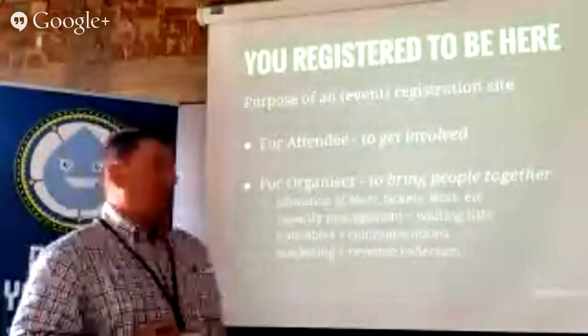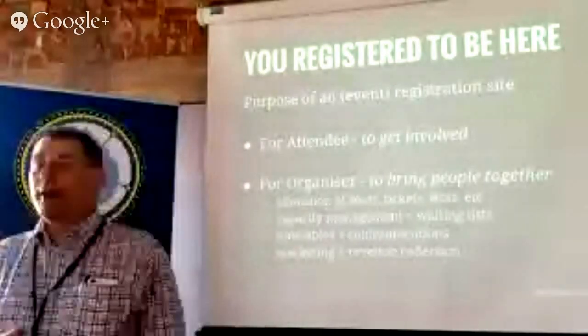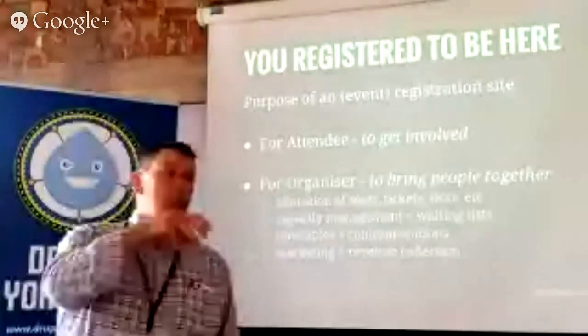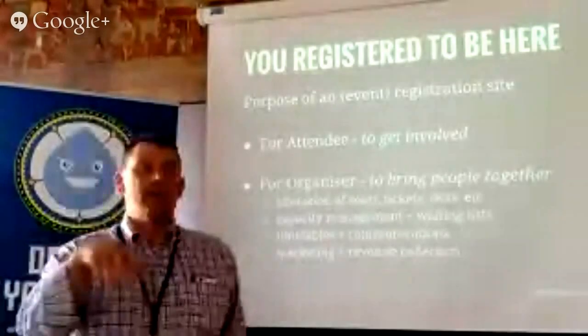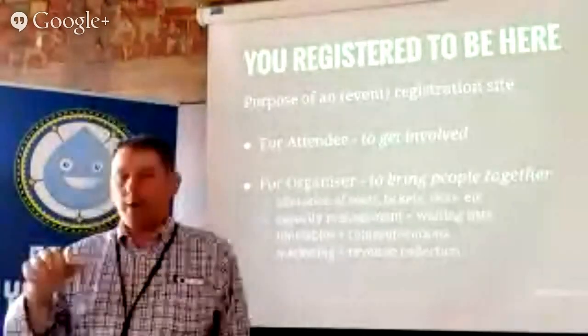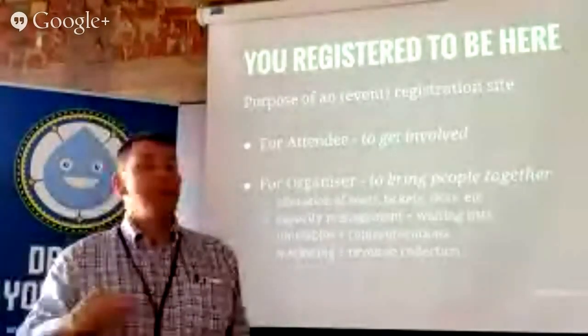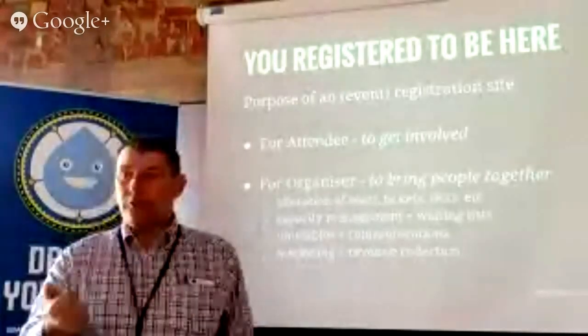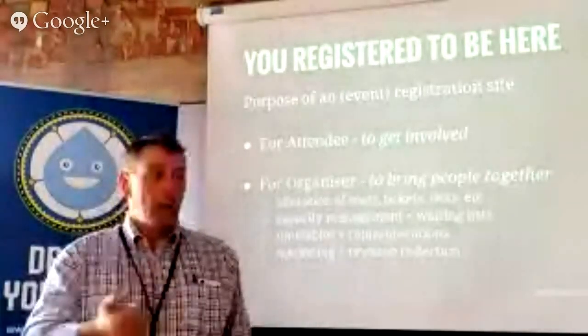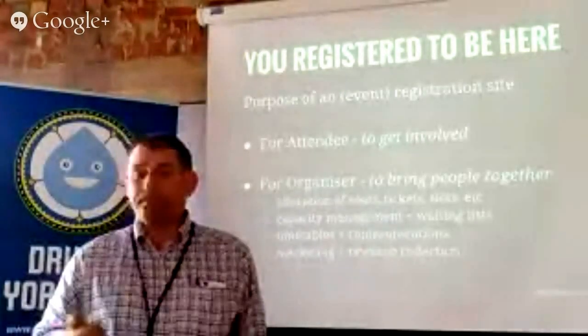Also, a need to create programs, timetables, schedules, and with the DrupalCamp Yorkshire website, for example, one of the modules that we employed is a brand new module called the timetable module, and that's what you've seen on the website where we've published the schedule.